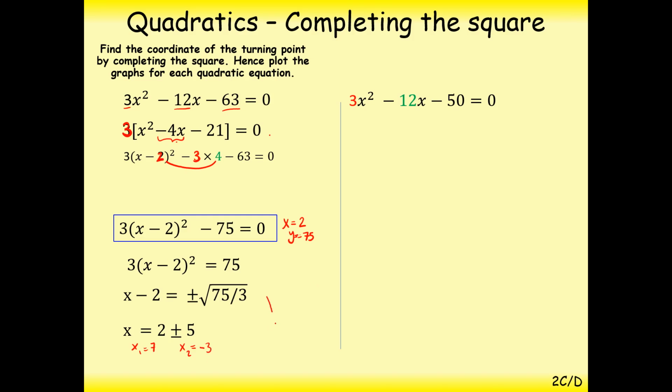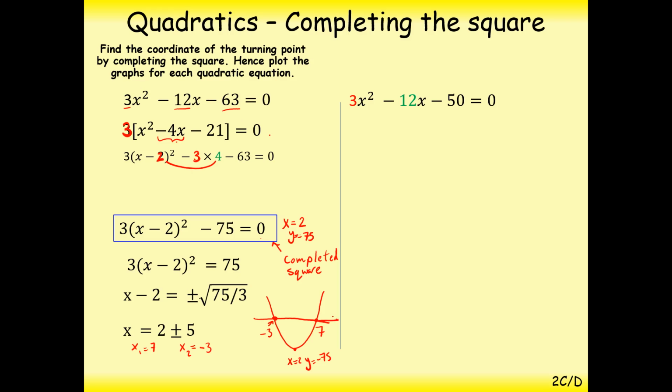The reason I've put this blue box there is just to ensure that you know where the completed square form is. The completed square form told us that the value of x is 2 and its y value is -75. Now the roots of the equation are 7 on the right and -3 on the left.